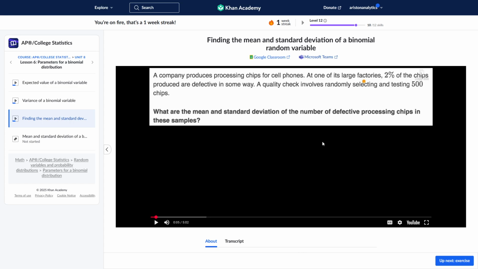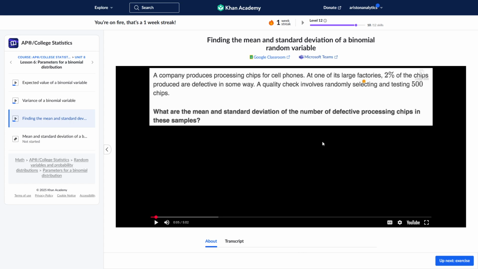Pretty sure the mean is just np, right? So 500 times 0.02, that's 10. So that's the mean. That's the expected value of 500 chips, given the probability for success in each trial.